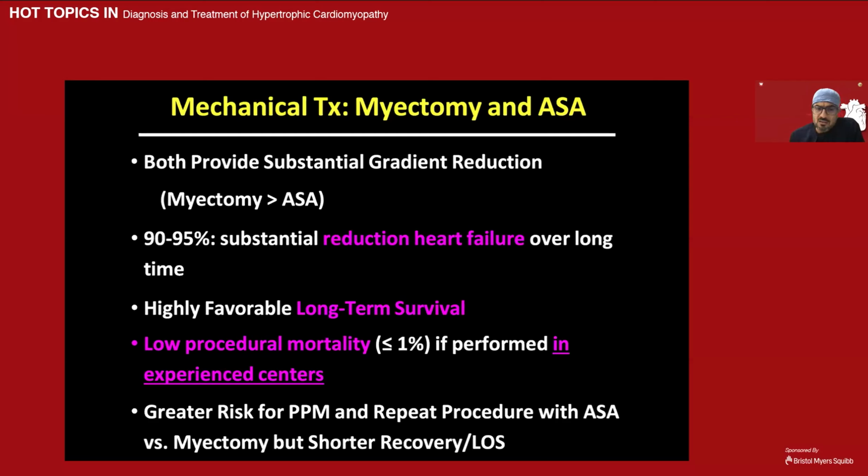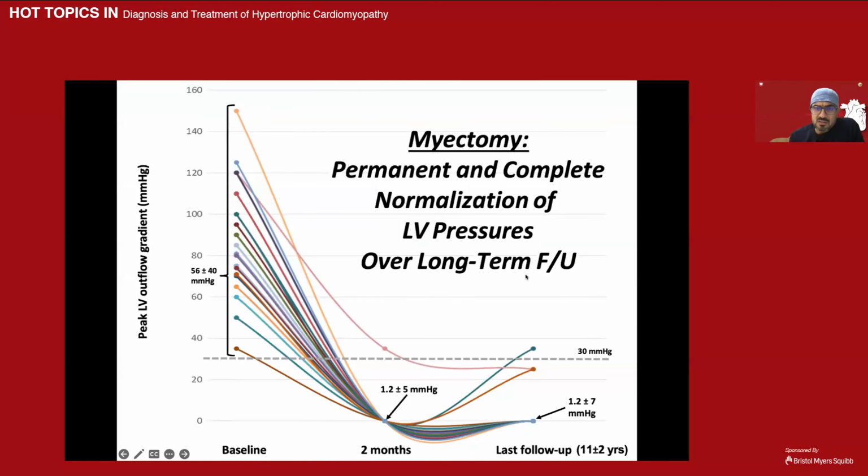Of course, there is a greater risk of permanent pacemaker and repeat procedure with alcohol septal ablation versus myomectomy, but also a shorter recovery and length of stay. With myomectomy, there is a permanent and complete normalization of LV pressures over long-term follow-up, up to more than 11 years in those patients.